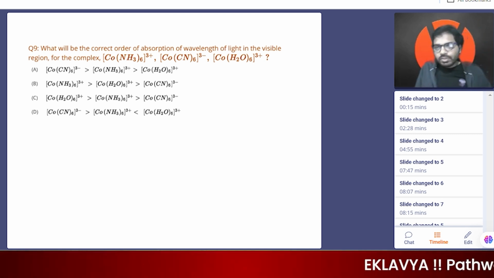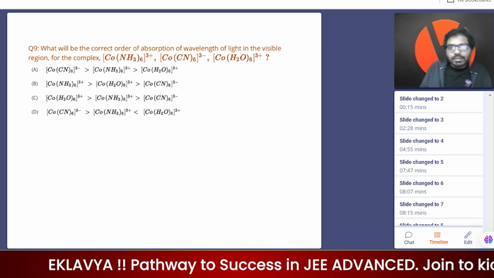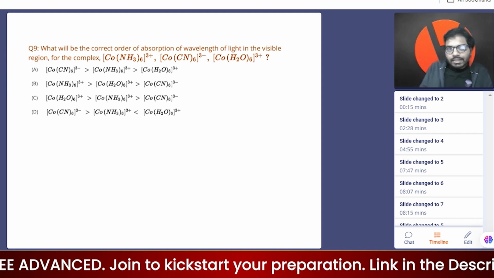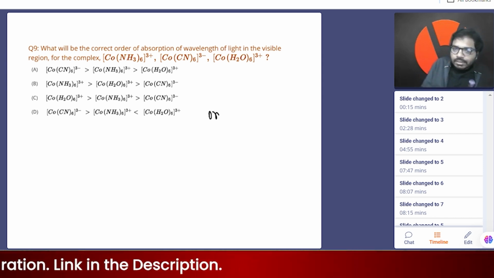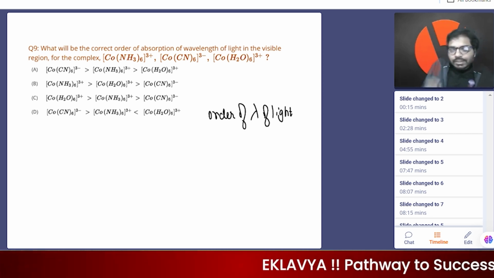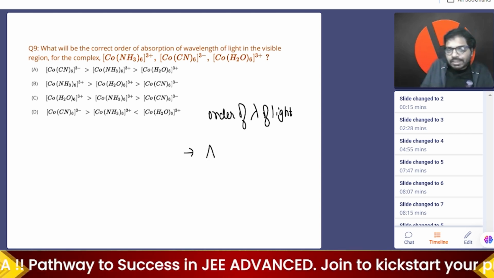So in the next question, what they're asking is what will be the correct order of the absorption of wavelength of light in the visible region for the complex. So they're asking the order of the wavelength of the light. Two concepts we will discuss here, which are important to solve such questions.